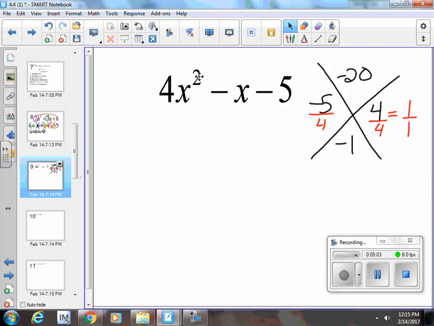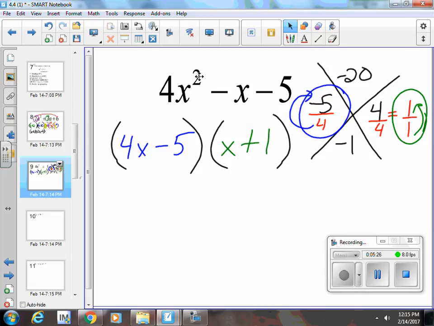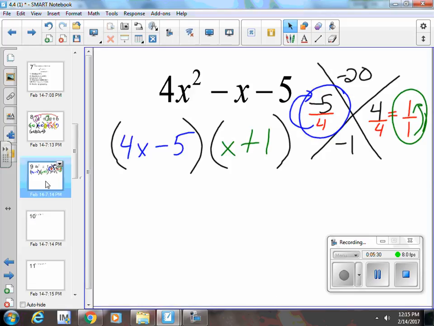Now bottom up. My first fraction, negative 5/4, going from bottom up, is 4x minus 5. And the other fraction is 1/1. Again, bottom up. So that's 1x plus 1. That's it.